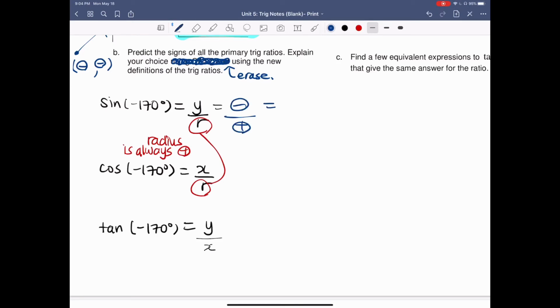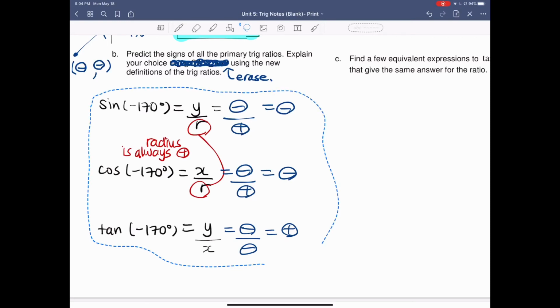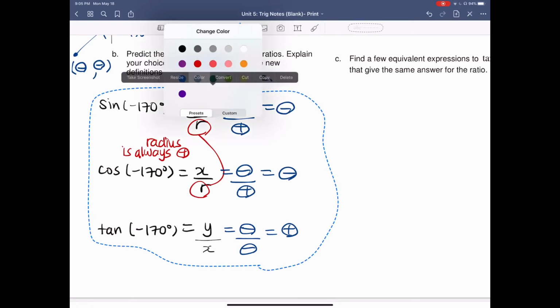And if you have a negative divided by a positive, you have negative. On to the next one. I have an x that is negative, and r that is positive, and negative divided by a positive is a negative. And y over x, well, I have a negative divided by a negative, and that is overall a positive, because when you divide or multiply two negatives, you get a positive answer.